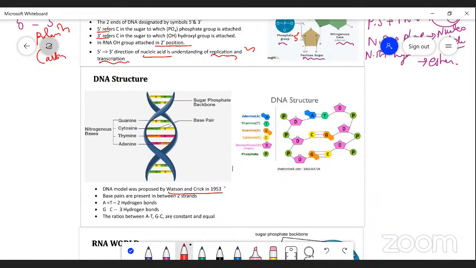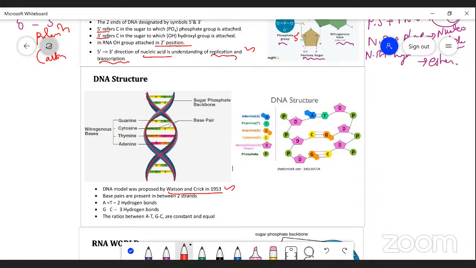One more thing, remember it. Base pairs are present in between the two strands. See, this one is one strand and another one is the other strand. So this DNA has two strands, and the base pairs are present in between the two strands.